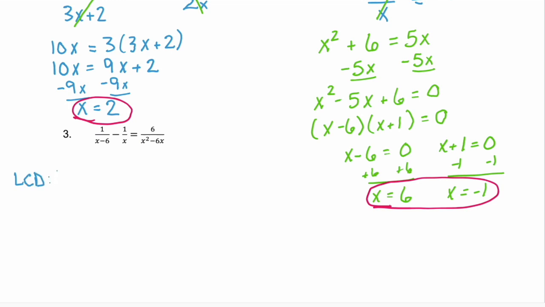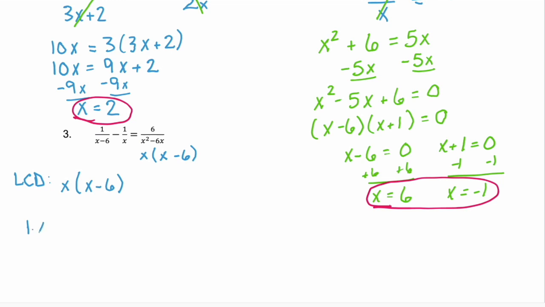Well, before we find our LCD, notice that the very last denominator can be factored as x times x minus 6. That is a combination of the first two. So our LCD here is going to be x times x minus 6. We're going to multiply each term by that.